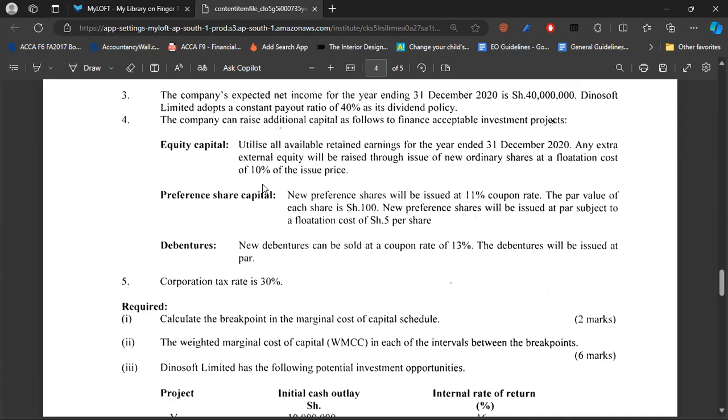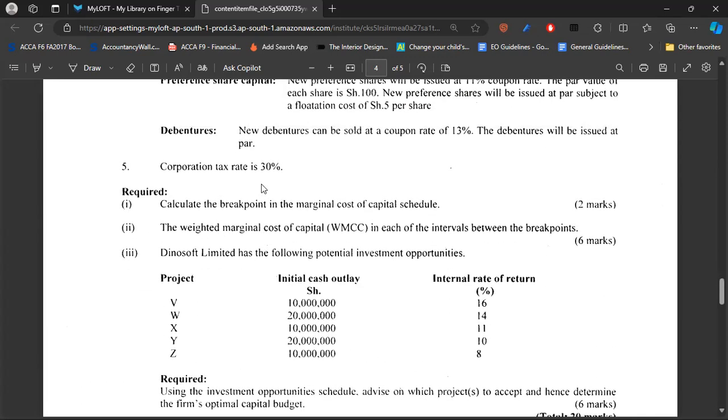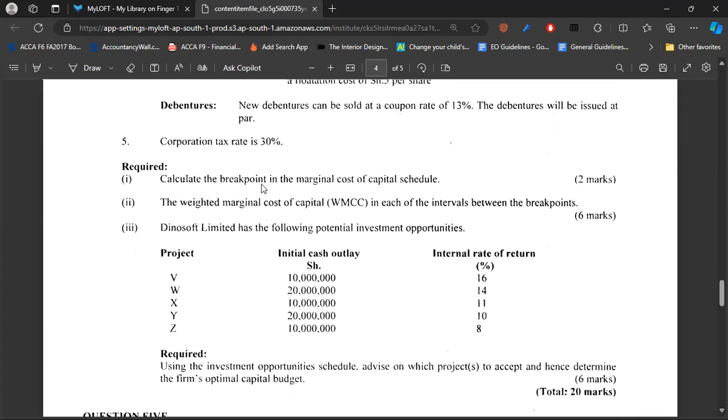Debentures: new debentures can be sold at a coupon rate of 13%. The debentures will be issued at par. Corporation tax is 30%. Required: 1. Calculate the breaking point in the marginal cost of capital schedule. 2.